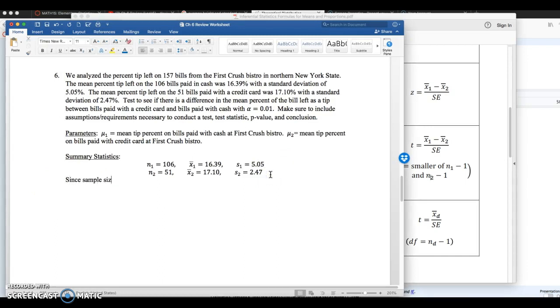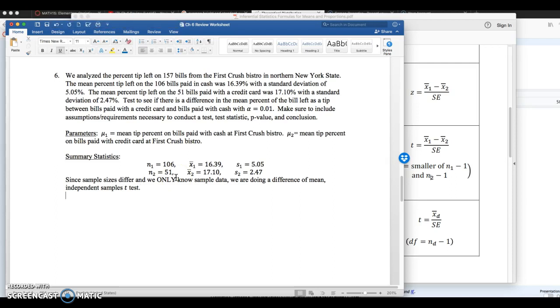Since sample sizes differ and we only know sample data, we are doing a difference of means independent samples t-test. We're going to use t instead of z.